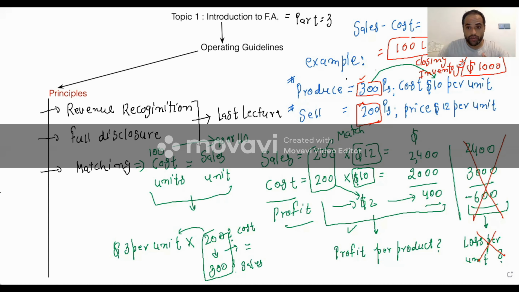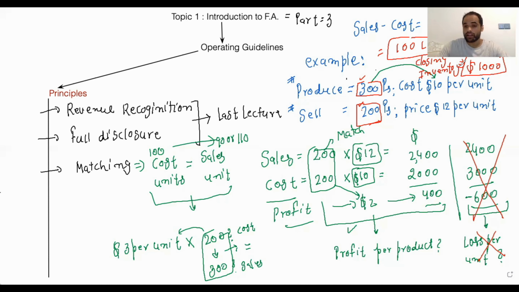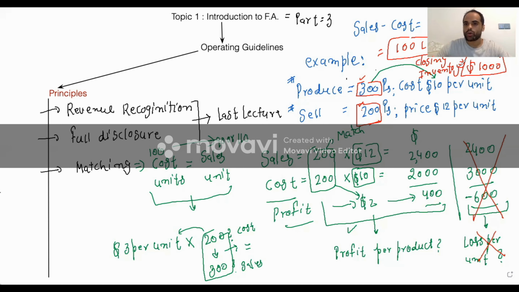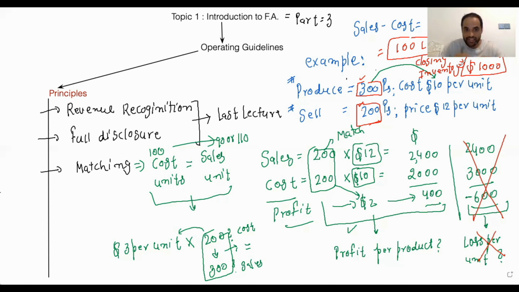Produce 300, sold 200, 100 is left at the end of the period, whether it's the end of the month or the year, depending on how we calculate profit. Whatever is left at the end of the period is called closing inventory. And this closing inventory belongs to your current assets, in the balance sheet. And this is the income statement.